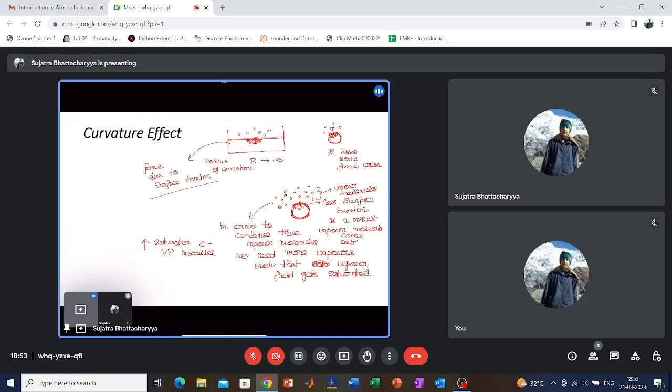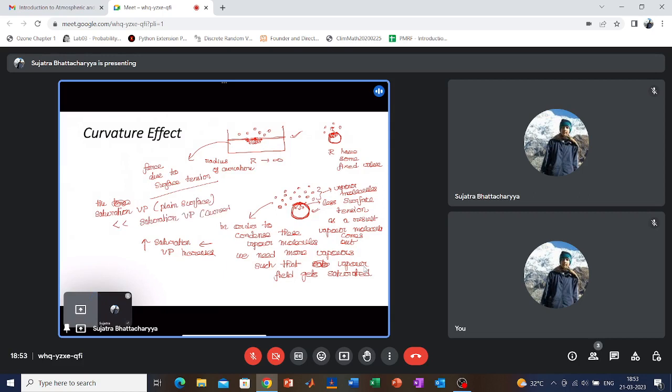Now if you compare this and this, then what will you get? The saturation vapor pressure for plane surface will be less than the saturation vapor pressure for curved surface.